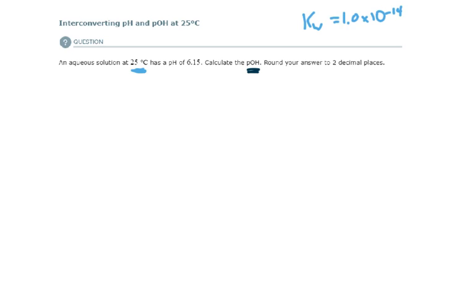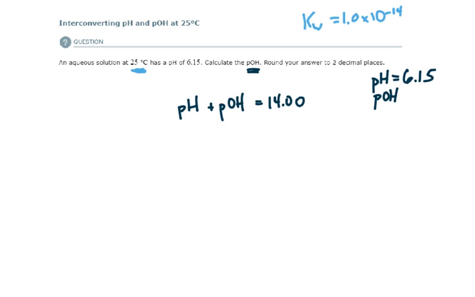Well, let's use the formula that we just derived. pH plus pOH is equal to 14. They give us the pH, so we'll list that as a given, 6.15. We are not given the pOH. But I know that the pH plus the pOH of the solution should be equal to 14.